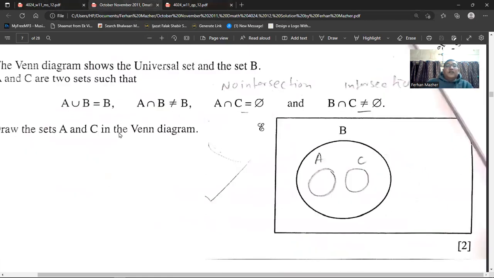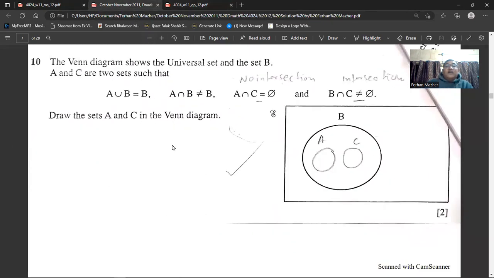So this is B, A is inside, C is also here, but C has nothing common with A, and the common part between B and C is not empty.